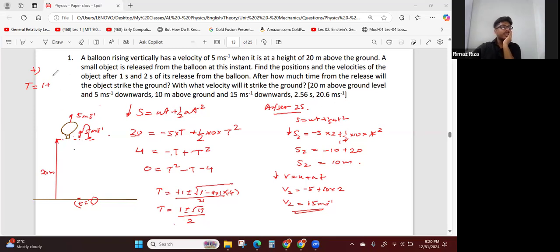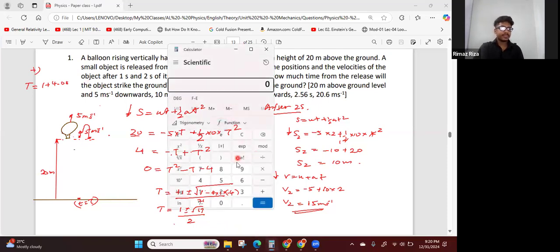If I'm correct, it will be 4.08 or 7. Let's check. Oh, square. Sorry, I wanted 17 squared.